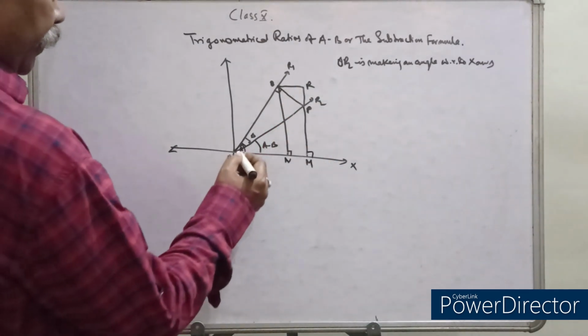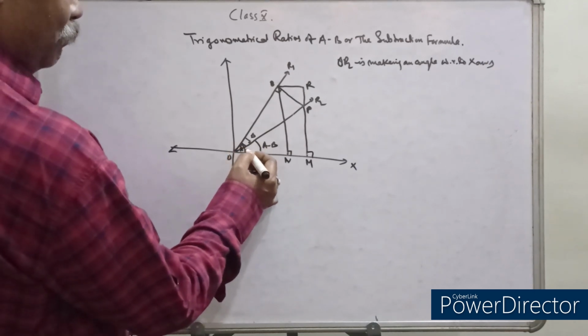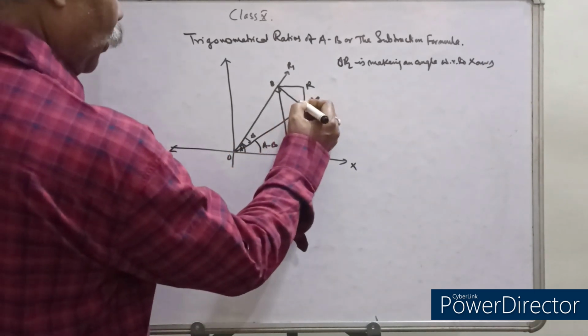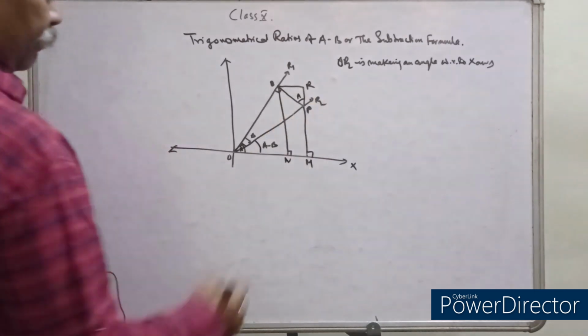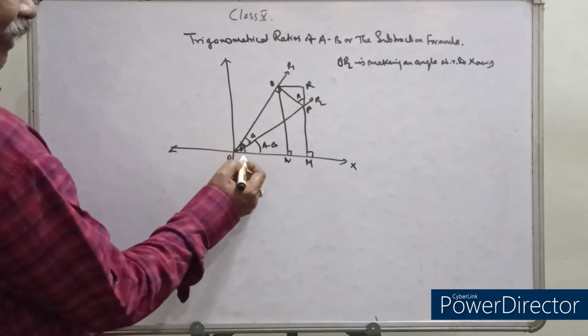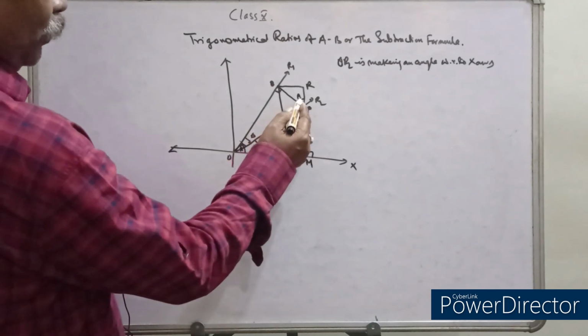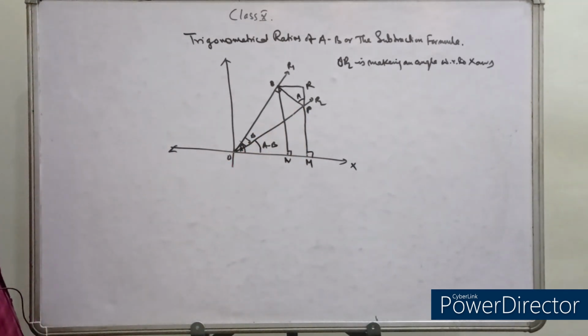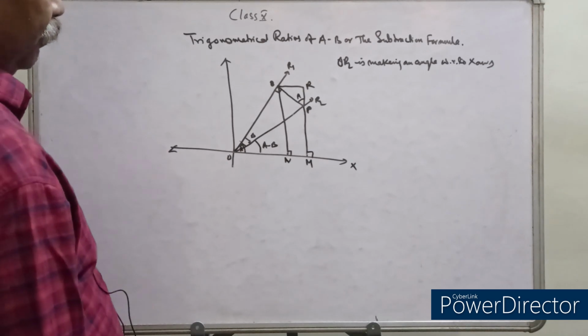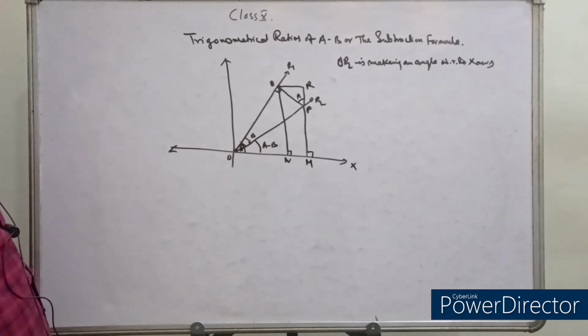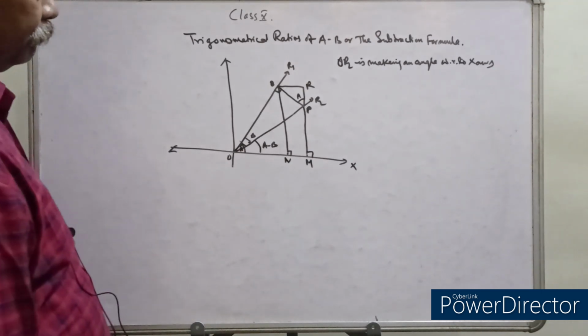So as you see, this is angle A. So this angle will also be A, because this whole angle is A. You can find it out yourself. There is no problem.